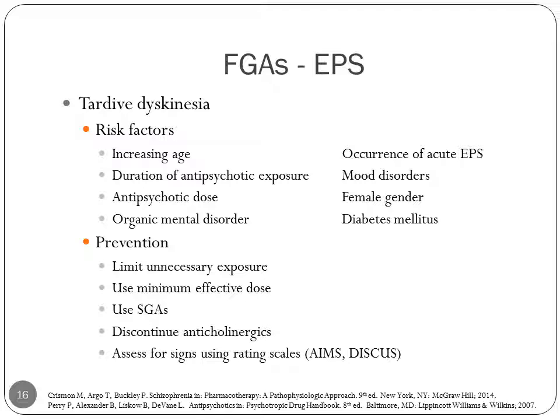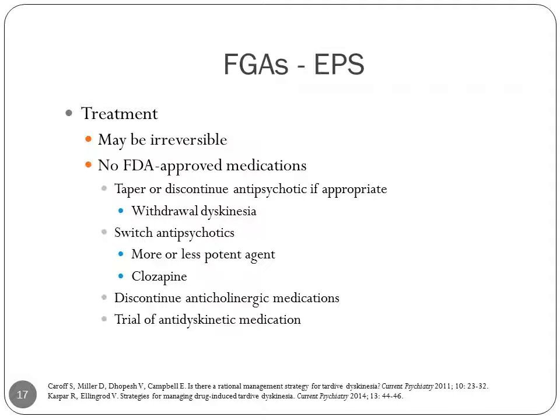So we really want to discontinue any medication that's anticholinergic. And then we can also assess for signs using rating scales like the AIMS and DISCUS. Typically, the psychiatrists are the ones that do this. It requires quite a bit of training to figure out how to assign the scores, but I just want to make you aware that those are available.